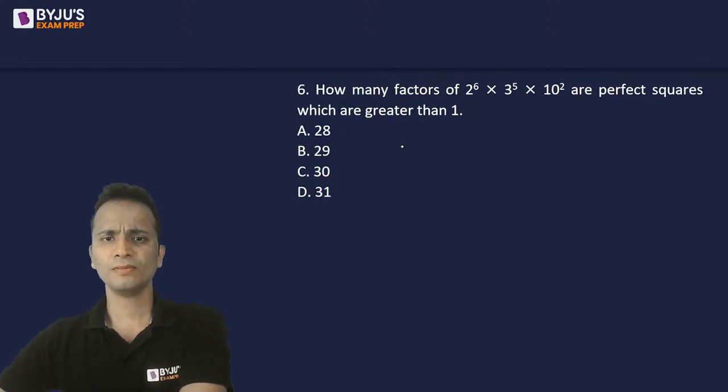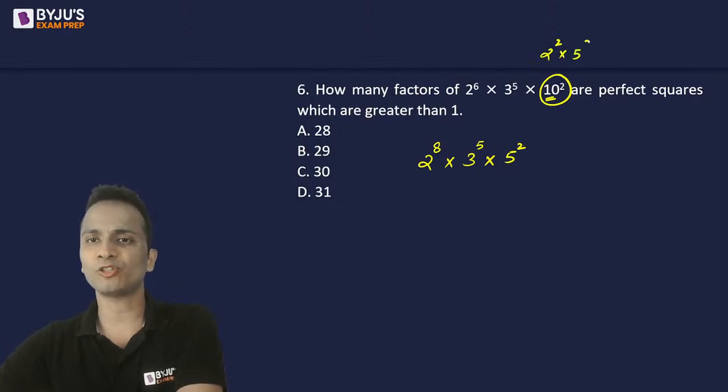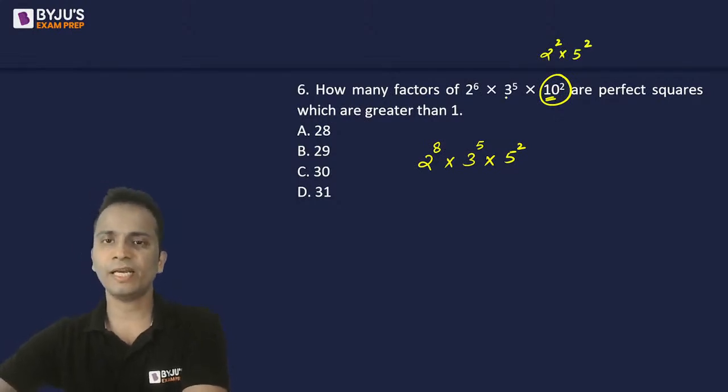So this number can be written as 2 raised to the power 8 multiplied by 3 raised to the power 5 multiplied by 5 raised to the power 2. 10 is not a prime number, so 10 squared will be written as 2 raised to the power 2 multiplied by 5 raised to the power 2. Okay, right? So this is our number. Now, for the number of factors which are perfect squares, the powers of 2 which are even will be considered.